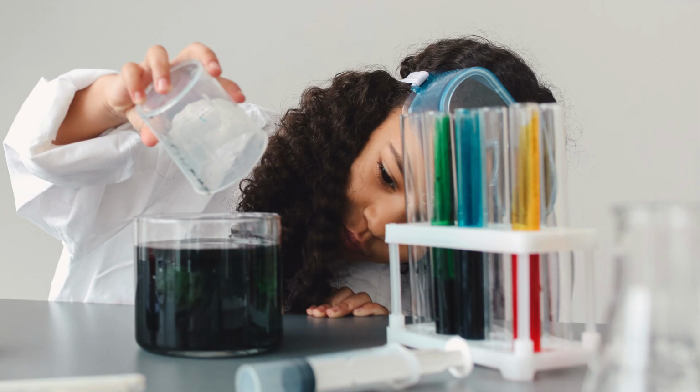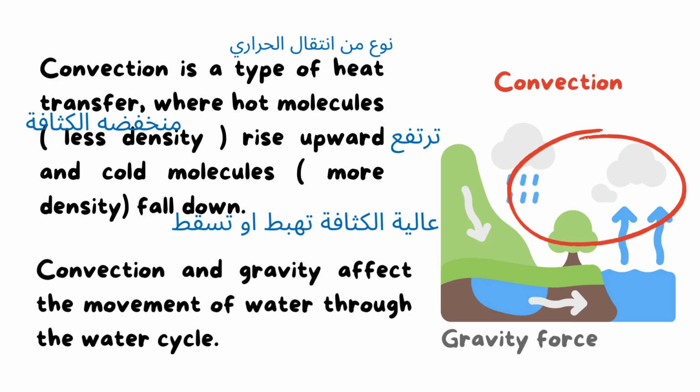As you know, convection is a type of heat transfer, as we studied. Convection is a type of heat transfer where hot molecules, which have less density, rise upward, and cold molecules, which have more density, which are heavier, fall down.